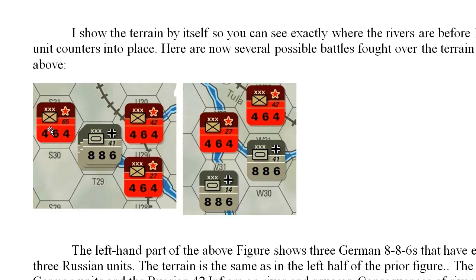This unit is on a plain terrain square, but these Germans are on the river end square that points at this square, and therefore this 4-6-4 is not doubled.